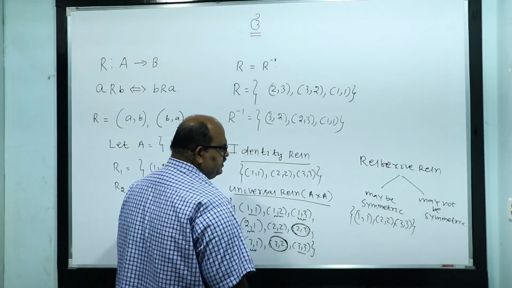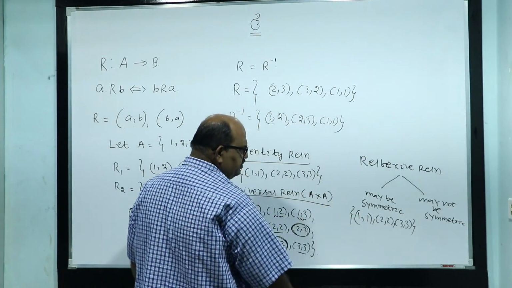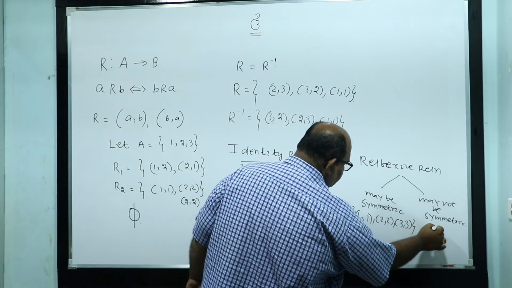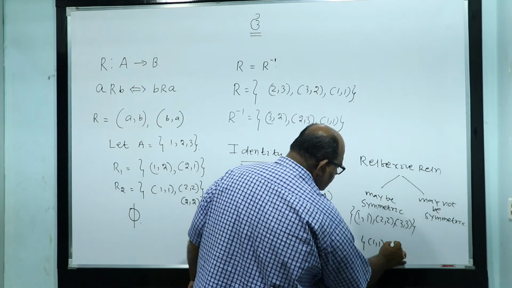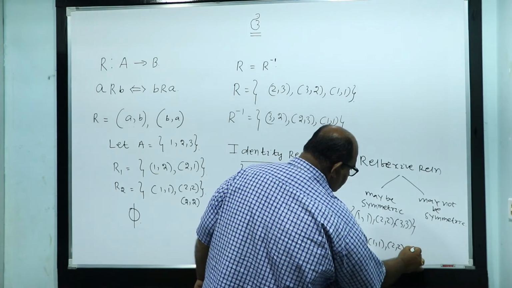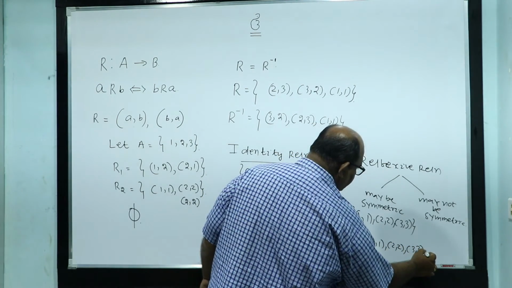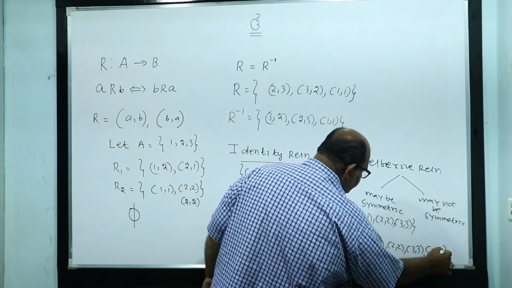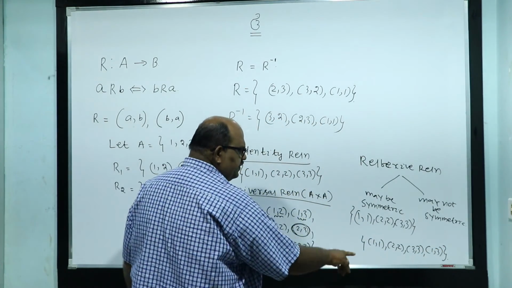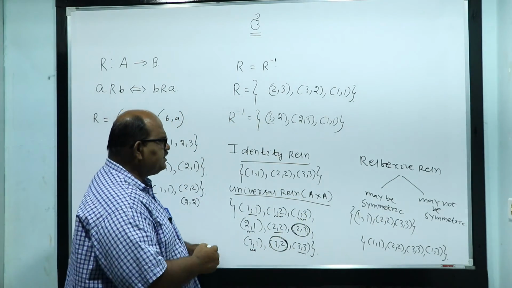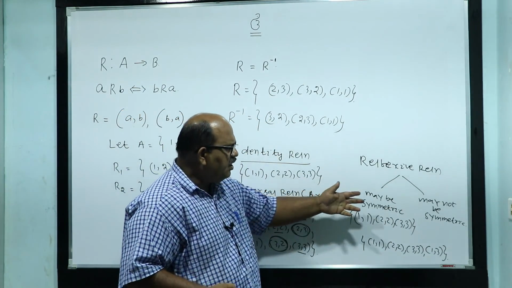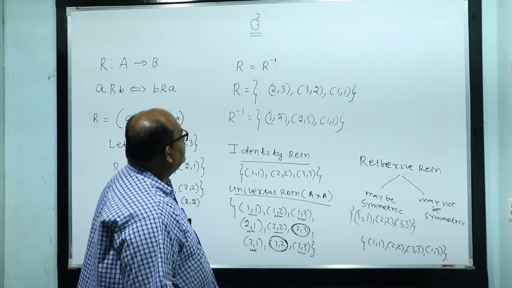This is symmetric. This is a reflexive relation which is also symmetric. Now write another reflexive relation: 1 1, 2 2, 3 3, 1 3. This is also a reflexive relation but not symmetric. So a reflexive relation may be symmetric or may not be symmetric.